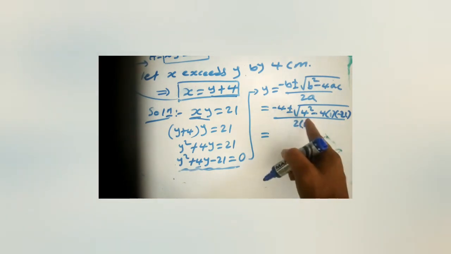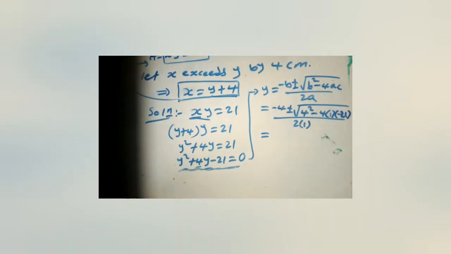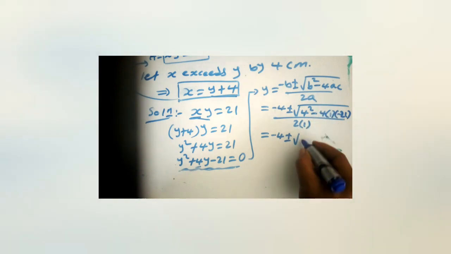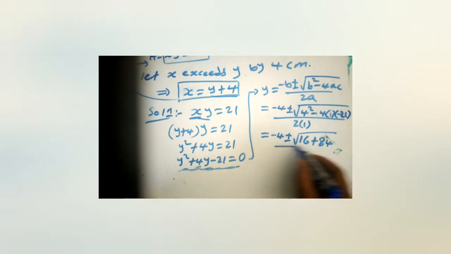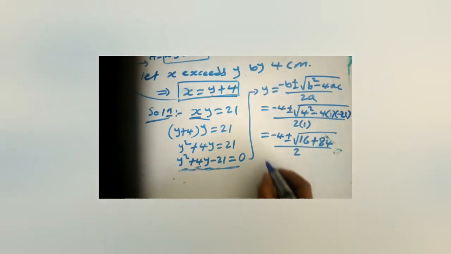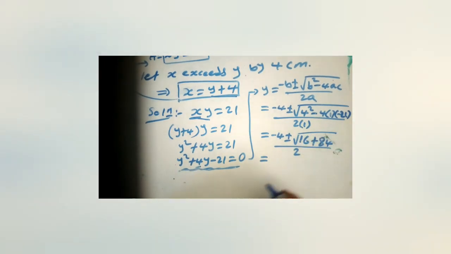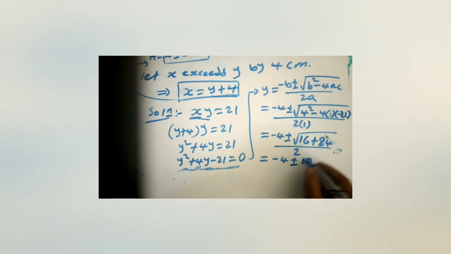When we simplify the term under the square root: 4 square is 16, negative times negative is positive, and 4 times 21 is 84, over 2 times 1 is 2. 16 plus 84 is 100, and the square root of 100 is 10. So y is minus 4 plus or minus 10 over 2.